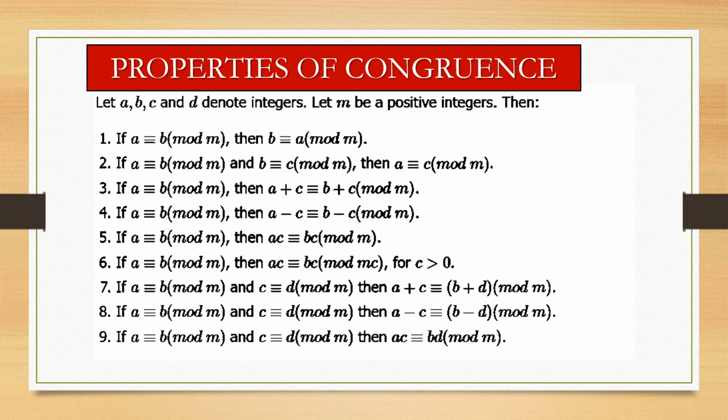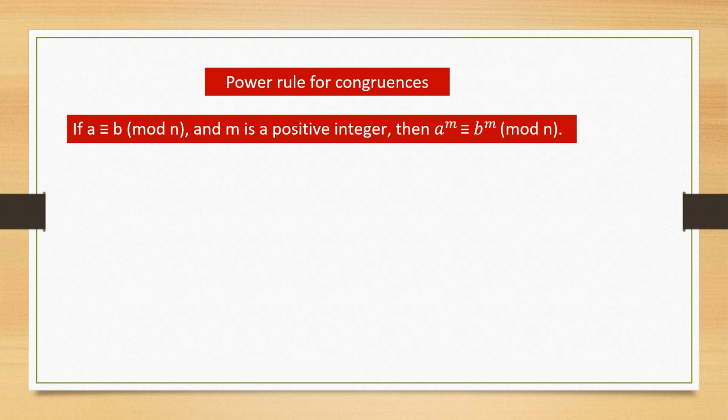If a is congruent to b modulo m and c is congruent to d modulo m, then the product ac is congruent to bd modulo m.